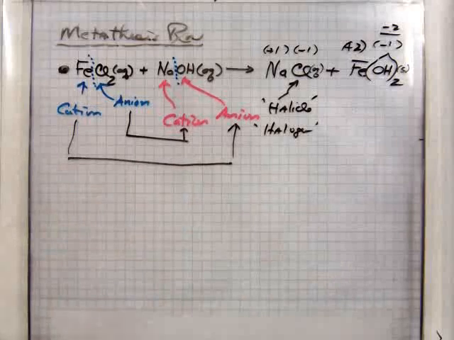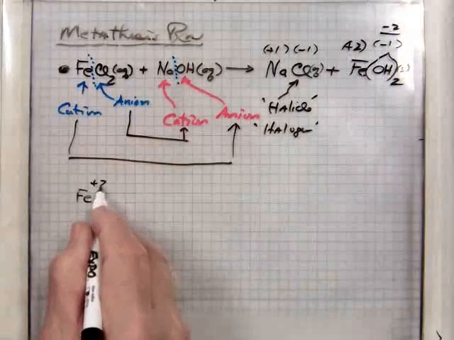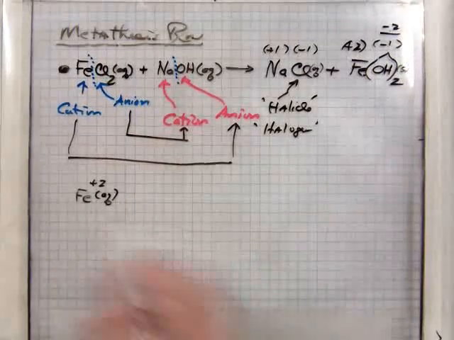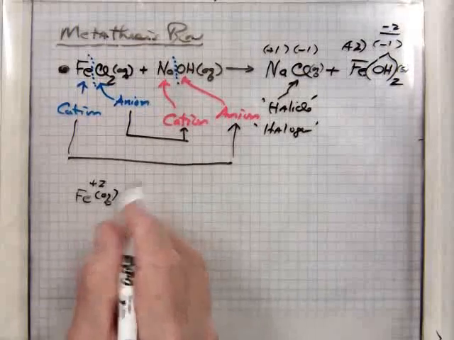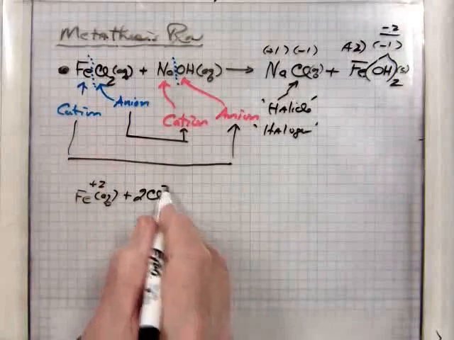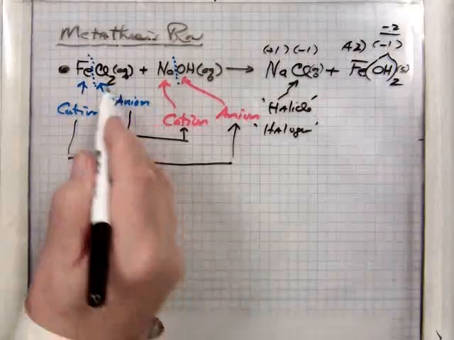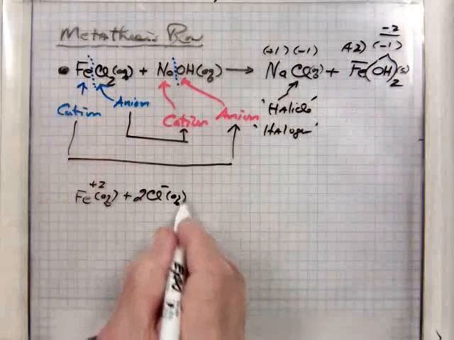And so we would write this iron plus 2, and to be absolutely correct, you want to indicate it to be in water, and that'd be your aqueous. And then you have 2 chlorides minus. You have to take the subscript and use it as a coefficient now, aqueous.